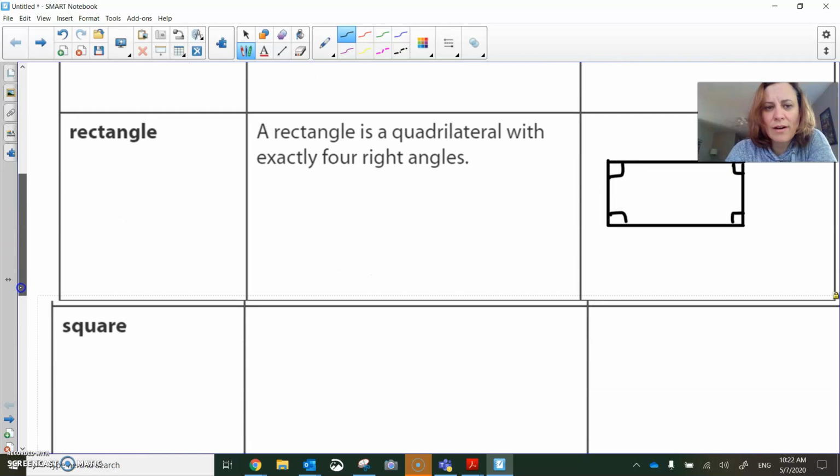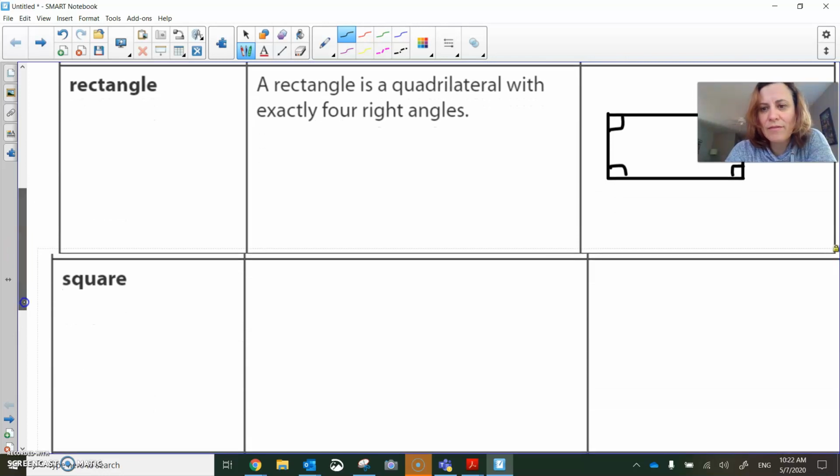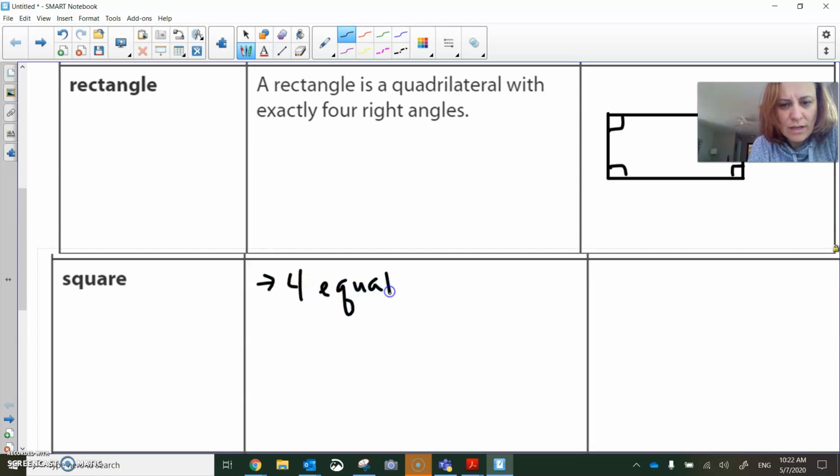A square is a type of rectangle, but in addition to 90-degree angles, all four sides are the same length. So a square has two conditions: four equal sides and four equal angles.